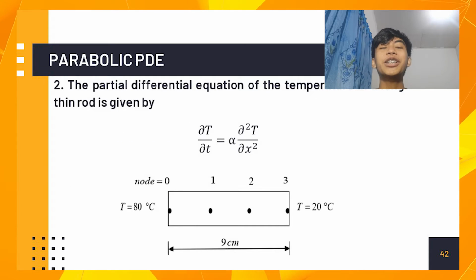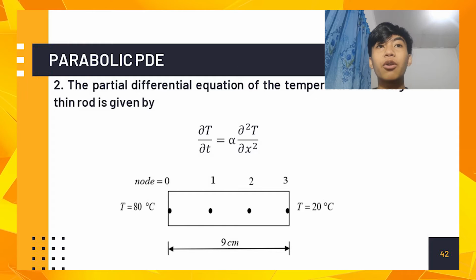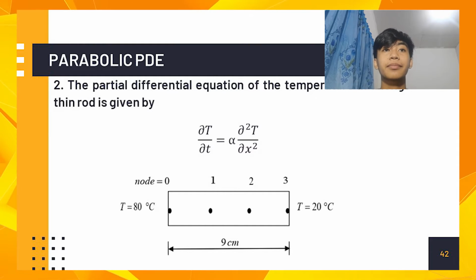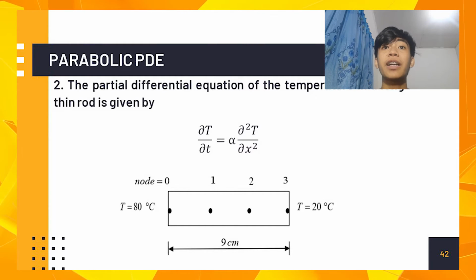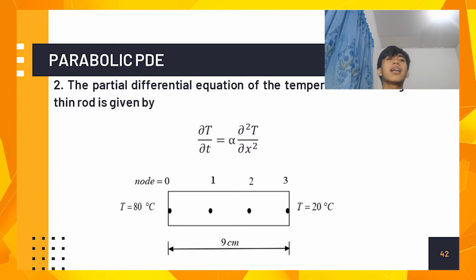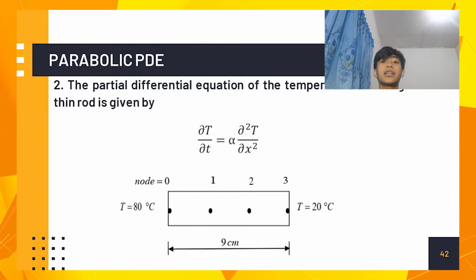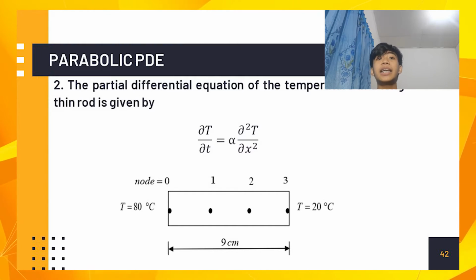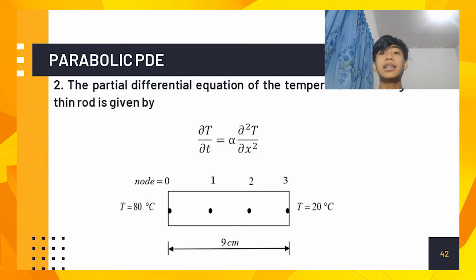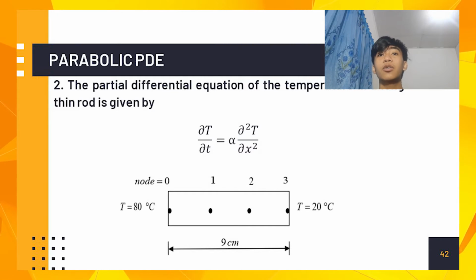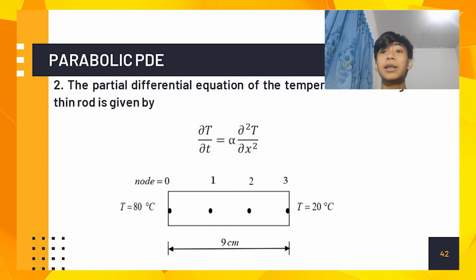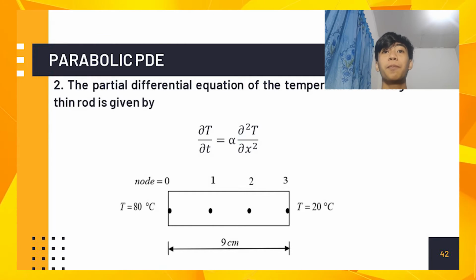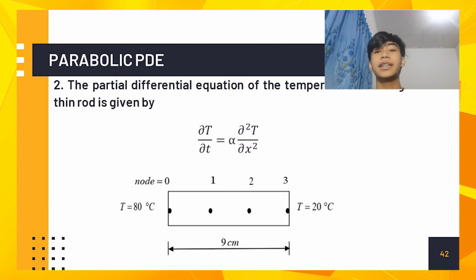In question number 2 in parabolic PDE, the question is: the partial differential equation of temperature in a long thin rod is given by partial derivative of capital T over partial derivative of small t is equal to alpha times partial derivative squared of capital T divided by partial derivative of x squared, and the figure is given there.